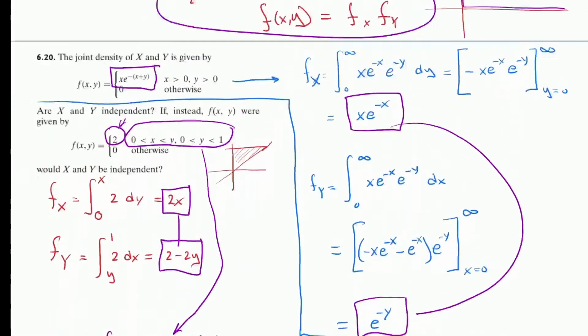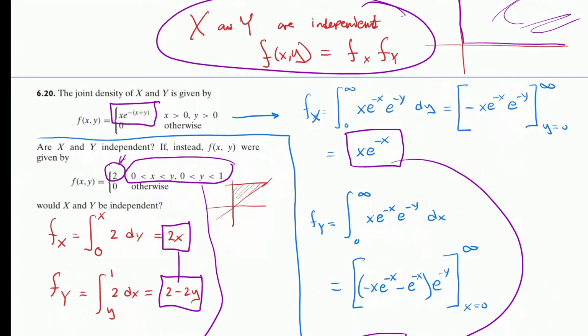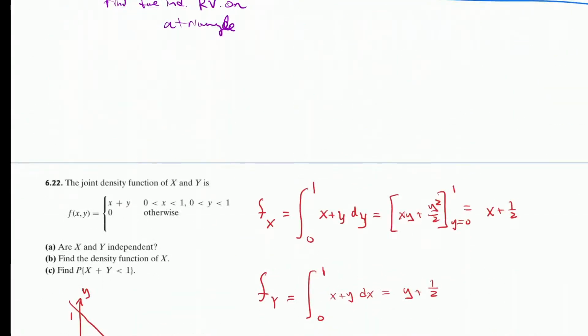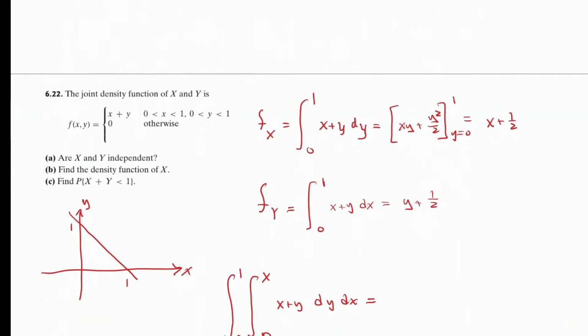If you're just going with the product, that makes the next one easy, doesn't it? Yeah, because that's not a product. 22a, it's not a product, and it's a nice rectangular region. So there you go. But for b, you'd have to do it separately.